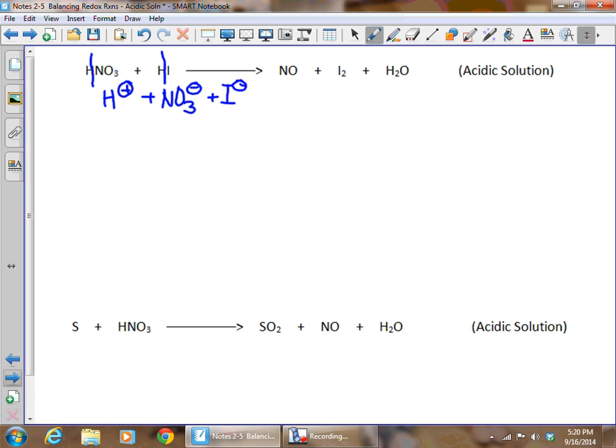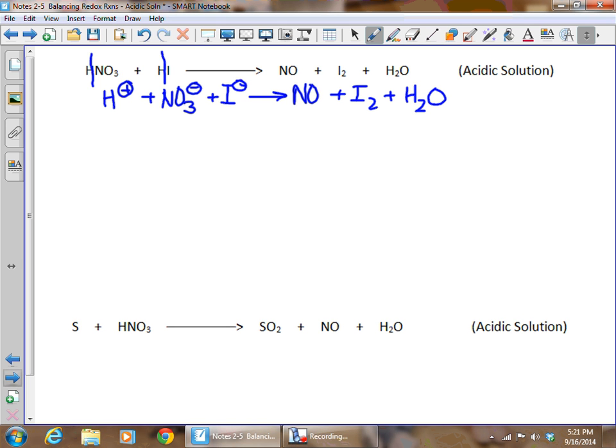I minus for the iodide. Remember, if it splits, it gets a charge. So don't leave those charges out or they're wrong. So NO plus I2 and H2O, none of those are going to ionize. They're all molecular, so they're not going to ionize. So there's our net ionic reaction.